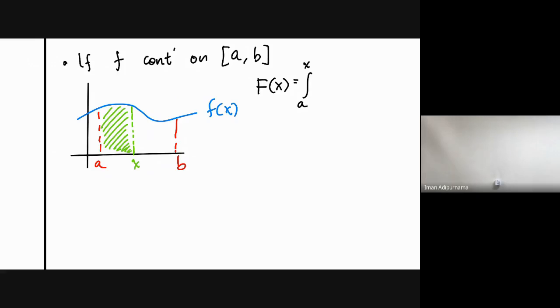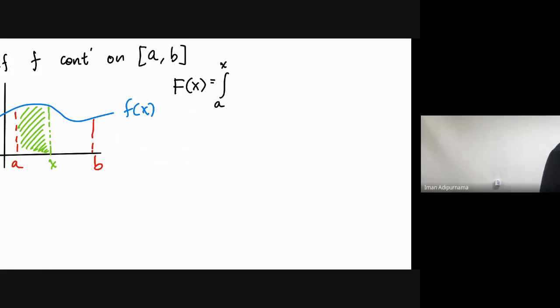Now the integrand will usually be f(x) dx, right? To avoid that, because we're also using x as the limit, I will use another variable, which is t. I will prove why this is correct. So let's write first: this is f(t) dt.